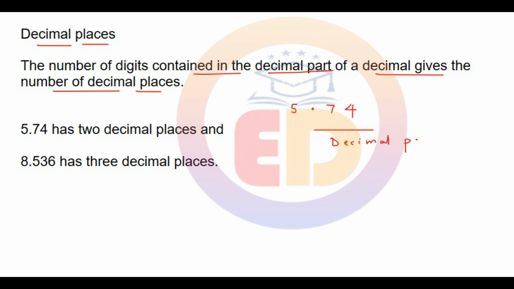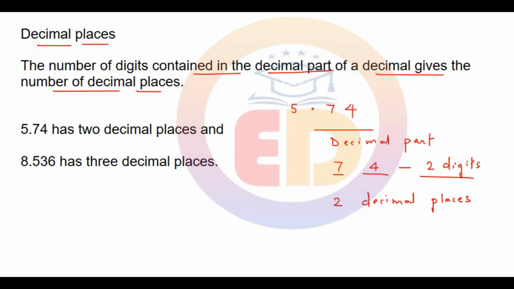In the decimal part, we have two digits, namely 7 and 4. Since in the decimal part we have two digits, we can say that this decimal number 5.74 has two decimal places.